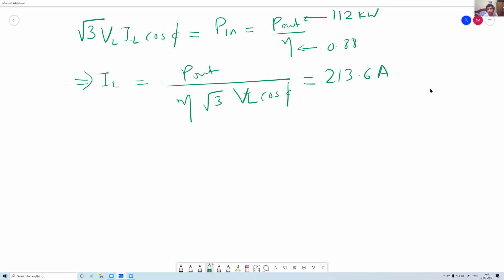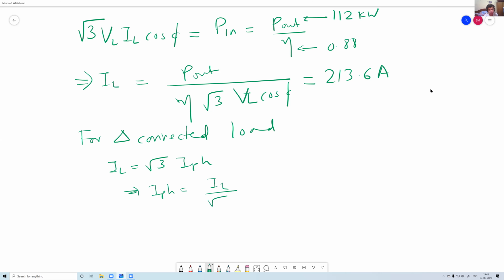Now for delta connected load, IL is root 3 I phase. So I phase is IL by root 3, which comes to be 123.32 amps.